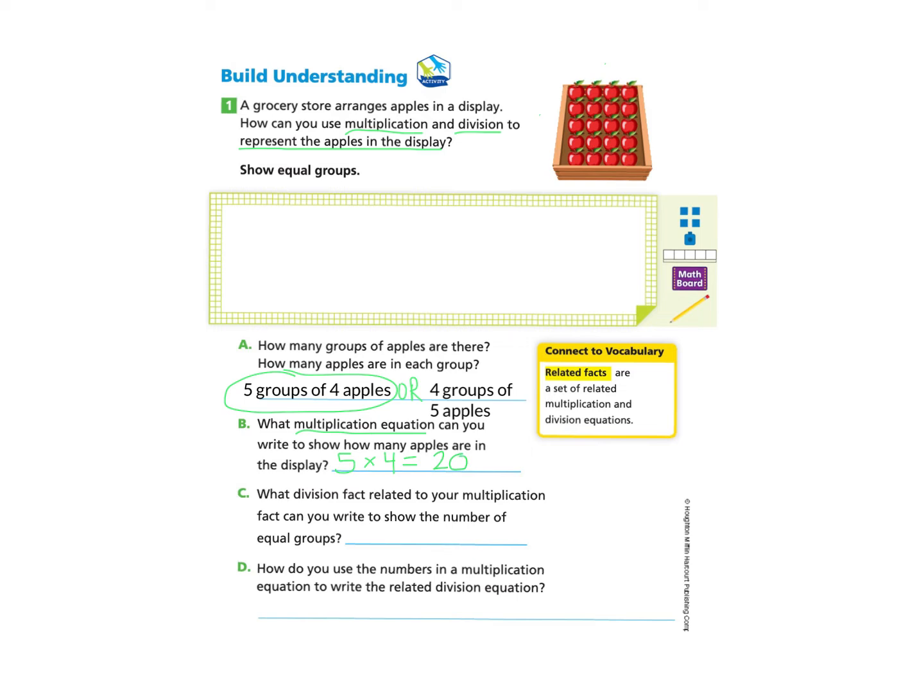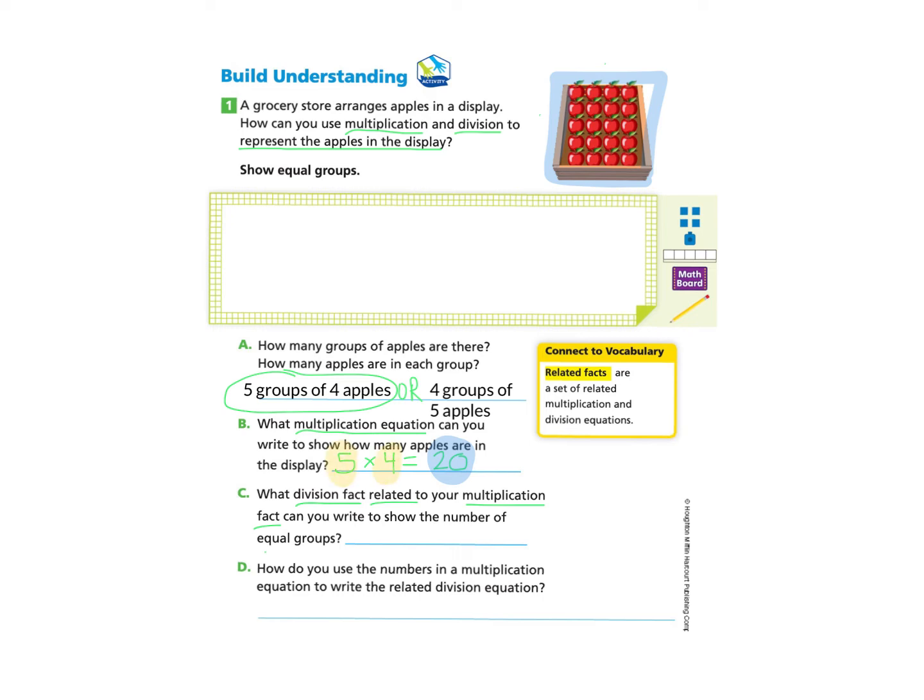All right, let's take a look at part C. What division fact related to your multiplication fact can you write to show the number of equal groups? Let's review that in a division problem, we are taking the total amount of apples, which we found was the number 20, and we are going to divide them into rows or groups, right? So we've already done that here with these two factors, 5 and 4.